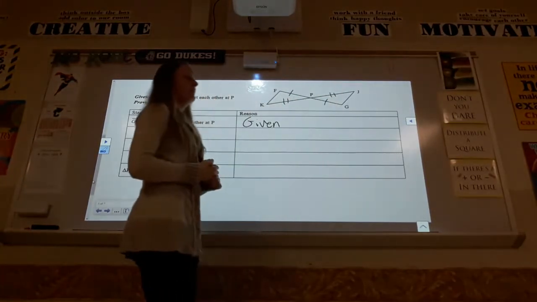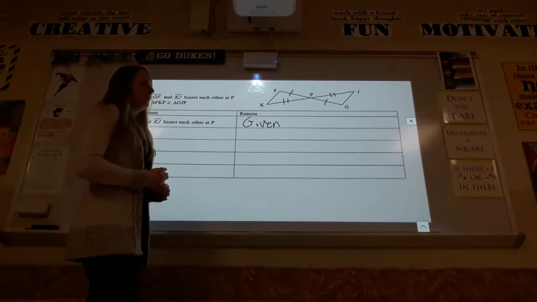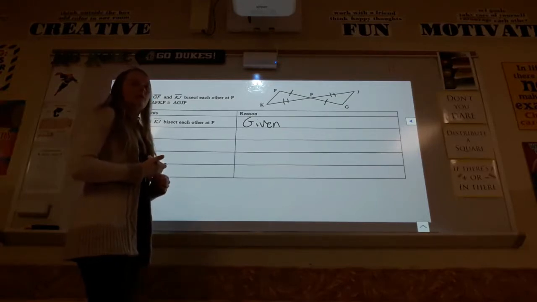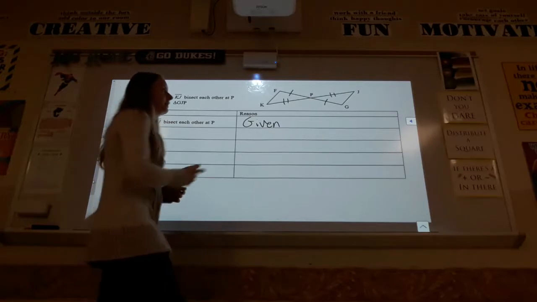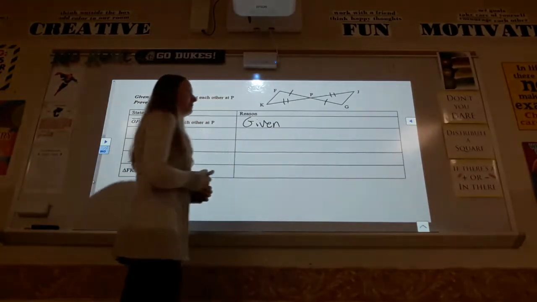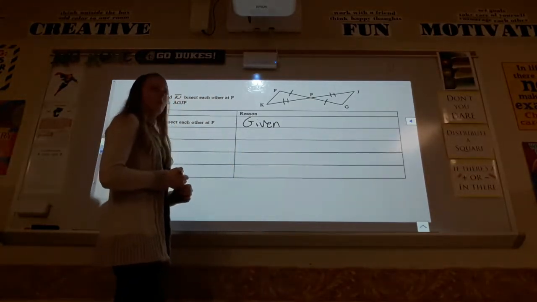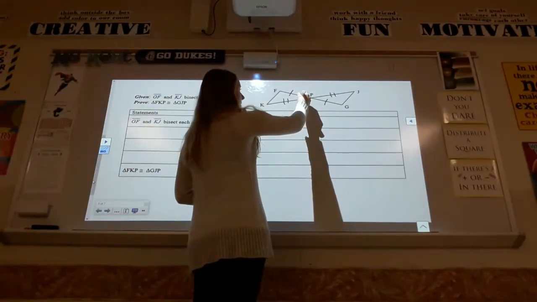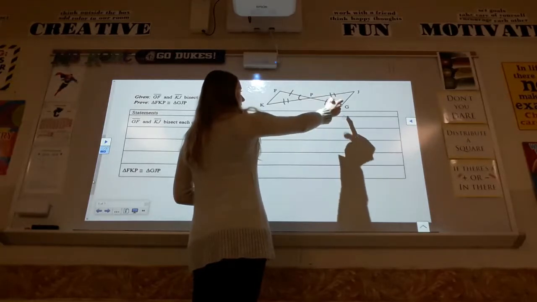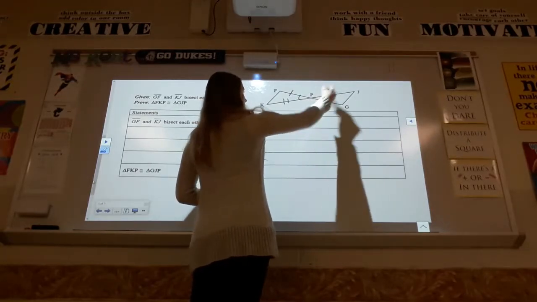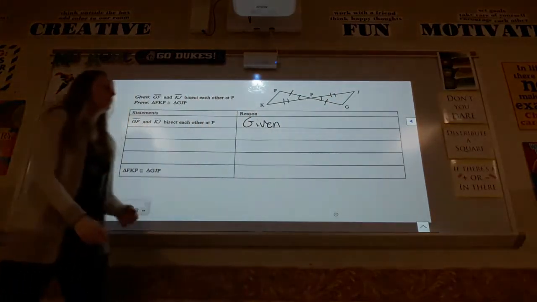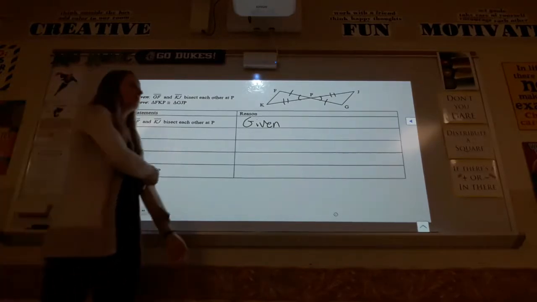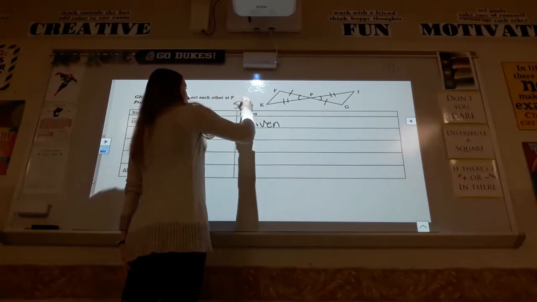Okay, we use the whole bisect idea, right? What else? To be a little bit more specific than just angle. Okay, so when you did all that, that was enough to show the triangles were congruent, right? What method? Side angle side.